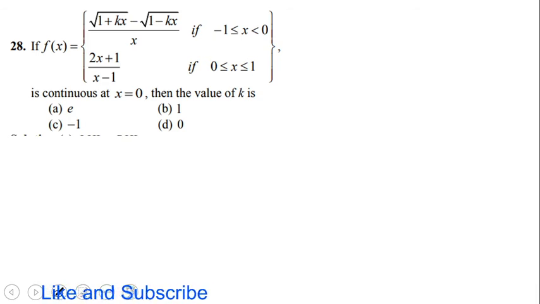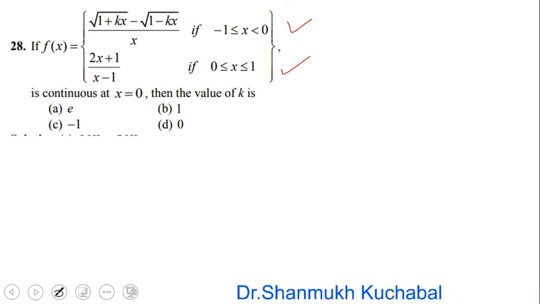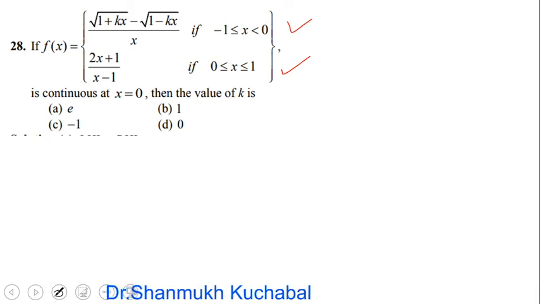The question is f of x. So if minus 1 is less than or equal to x less than 0, the numerator is the expression over the denominator here. Then f is continuous at x equal to 0, and we have to calculate the value of k. Continuous means both limits we will take as equal.